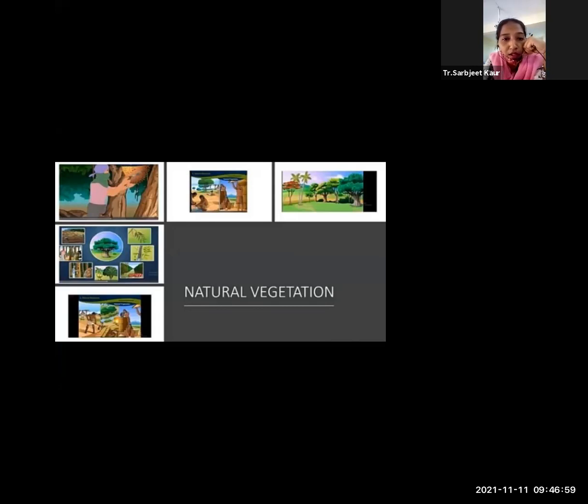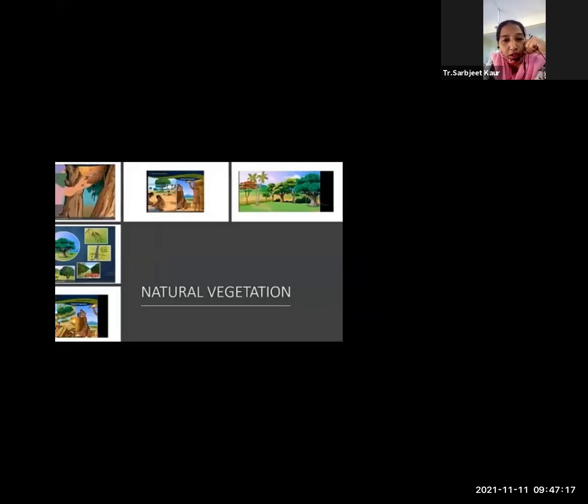You can see the greenery all around. We are seeing pictures of trees and all, which we get naturally. We are using these trees in our day-to-day life.